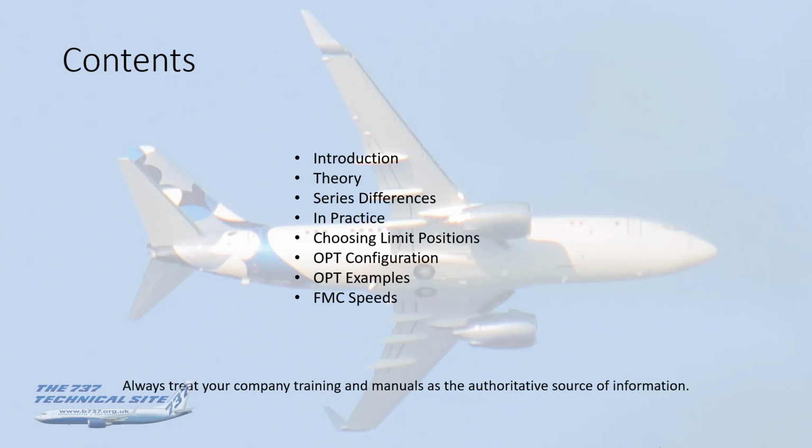Then the next two sections, choosing limit positions and OPT configurations, are probably more pitched towards airline management and fleet tech captains, but quite useful, I think, for you guys on the line to see the processes behind what you end up using on the line. And then finally some OPT examples and a word on FMC generated speeds. As always, please treat your company training and manuals as the authoritative source of information.